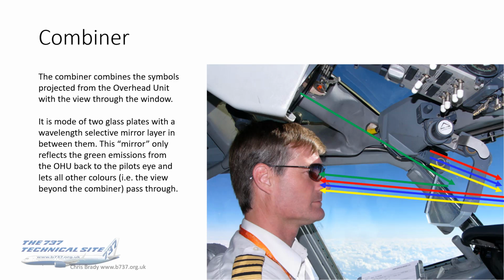So what you're seeing is green only bounced back by the combiner from the overhead unit, and this is why HUDs are monochrome. They can only work in one very narrow wavelength. I mean, you can choose which wavelength you use, although industry standard is green, but this is why.